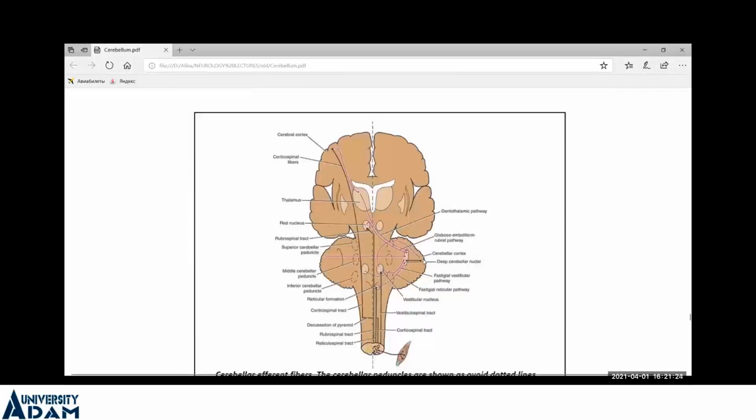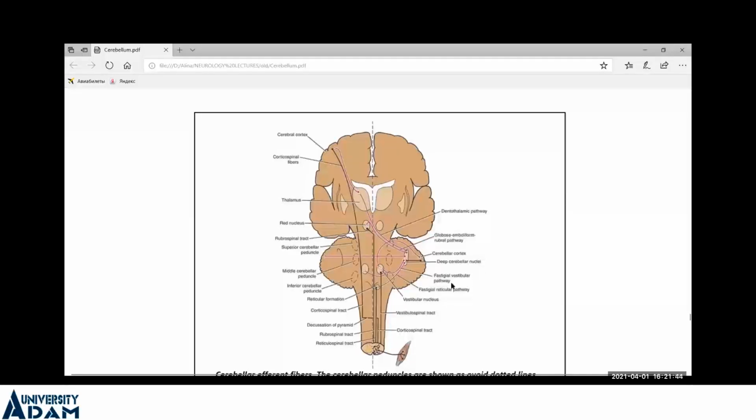As you can see, it starts in the hemispheres, right, in the nuclei, then goes to the contralateral side through the red nucleus, and then crossing again, okay, guys, and goes to the ipsilateral motor neuron in the spinal cord.